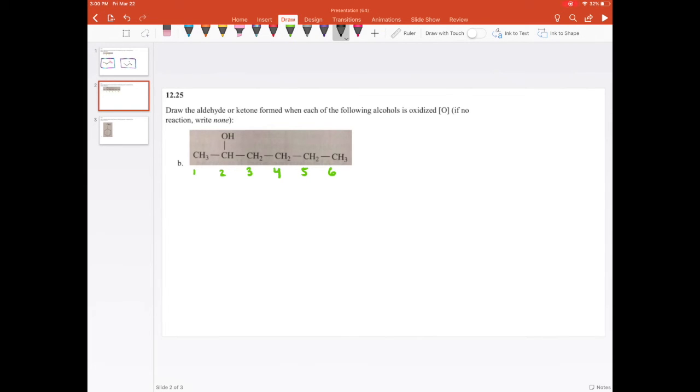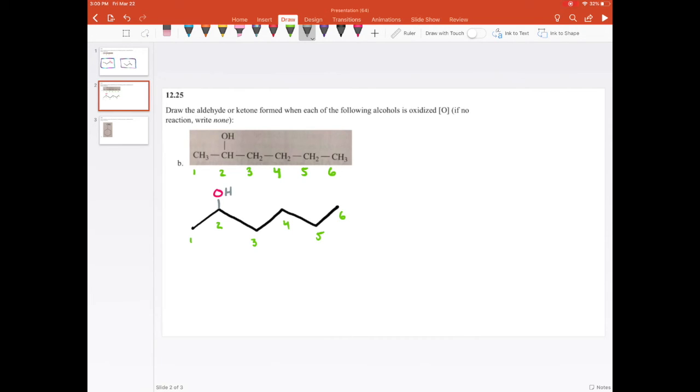So I'm going to have a dot, that's carbon 1, 2, 3, 4, 5, 6. And I'm going to number this just so I can keep really good track and make sure I drew it correctly. On carbon 2, we have that bond to oxygen and to the hydrogen on it.